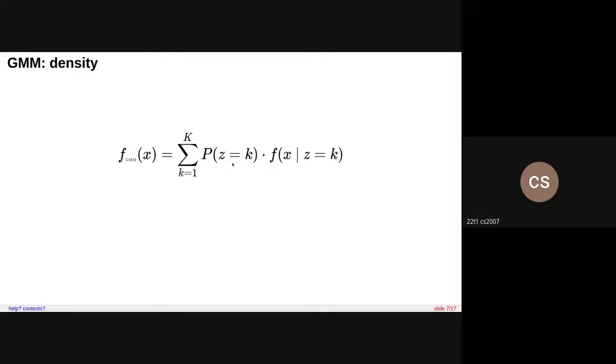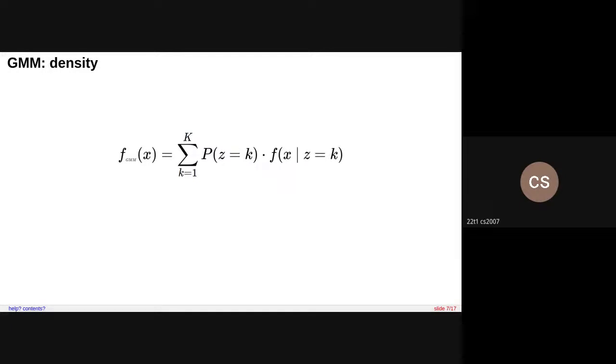so we have to assume that it came from mixture K, and then it was generated by the corresponding Gaussian. We have to do this for K equal to 1 till capital K, and sum all these things. The small f is the Gaussian density.